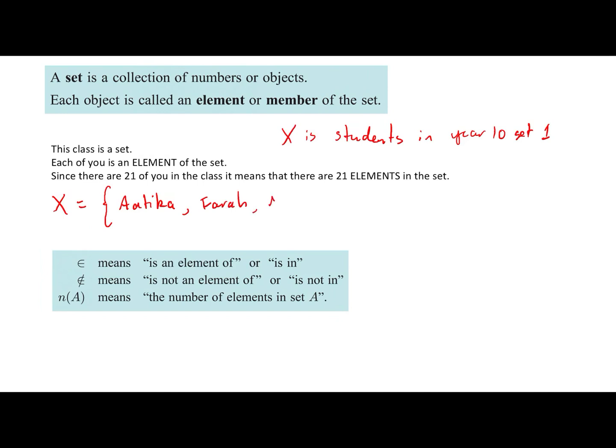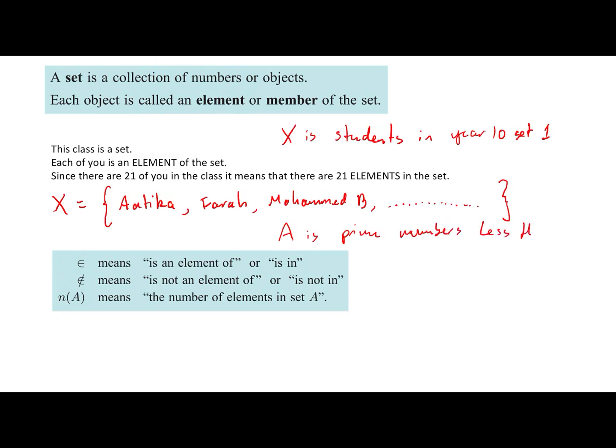So I could say Attica is a member of the set. Farah is a member of the set. Mohammed B is a member of the set, and I can list out all 21 members of the set.